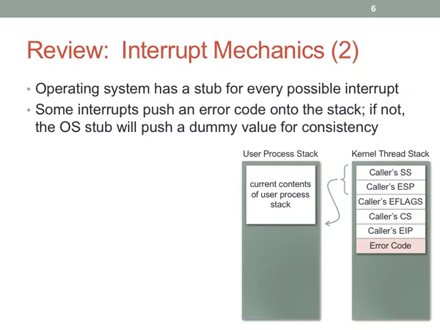Some of the handlers will push a dummy error code because there are a few handlers, specifically the page fault handler. The page fault handler will push an error code saying what caused the fault. Okay, and since some of the handlers push this error code, the other handlers push a dummy error code just to make sure that everything sees the stack looking exactly the same.